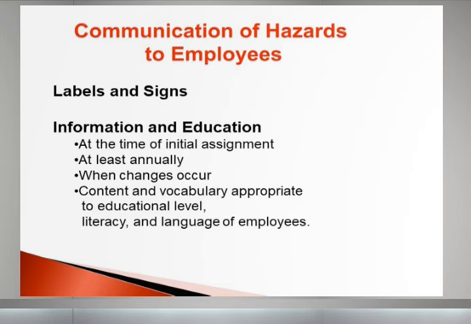If there are any changes in the exposure control plan, any changes in the regulations or standard, or new information becomes available, it needs to be part of the training. Most people ask me, how long is a hepatitis B vaccination good for?